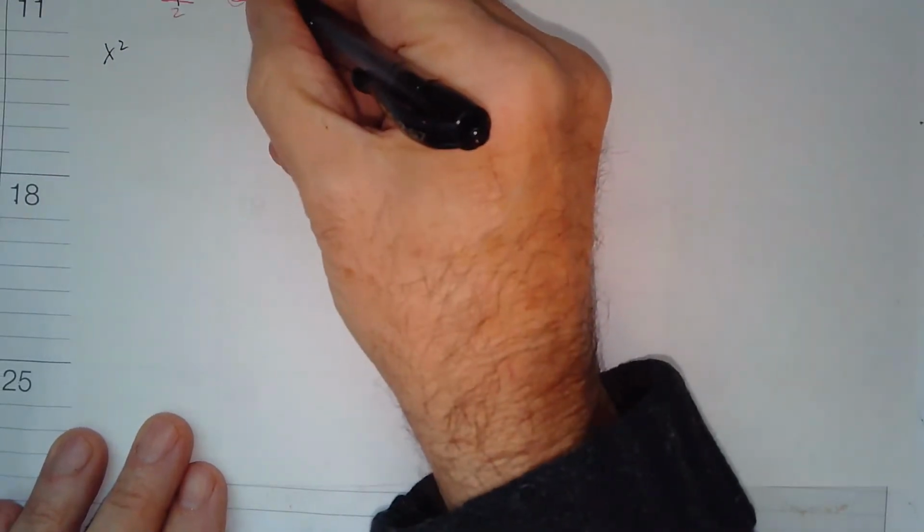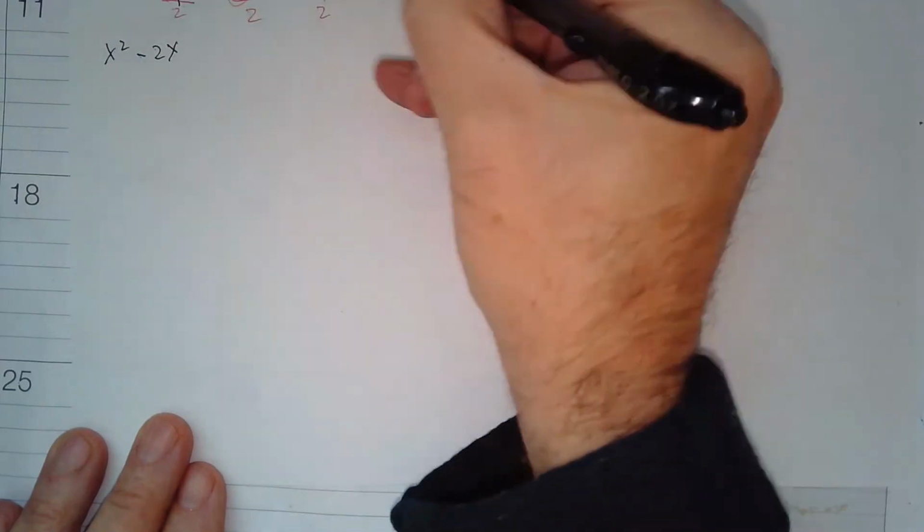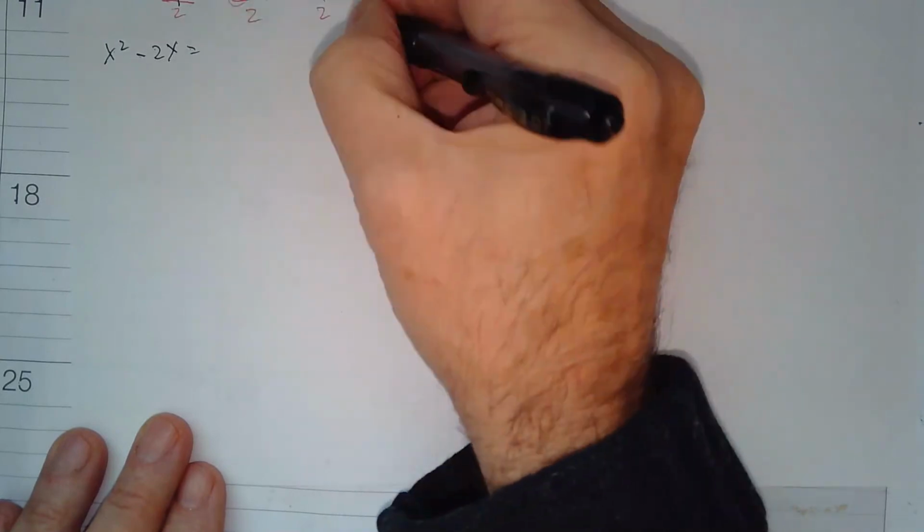So when you do that, of course, the 2 divided by 2 cancels. You get x squared, and negative 4 divided by 2 is negative 2x. And that equals 6 divided by 2, which is 3. Okay. So now that you've got that, you're going to go ahead and put in your spaces.